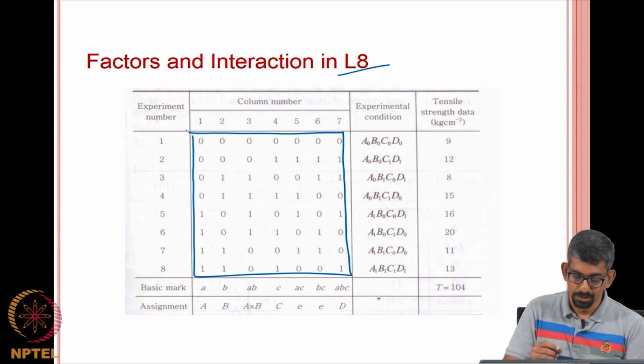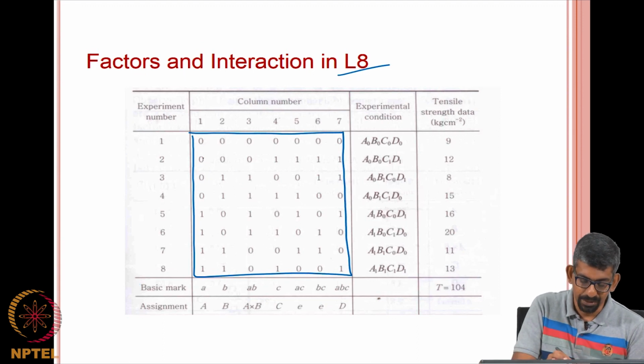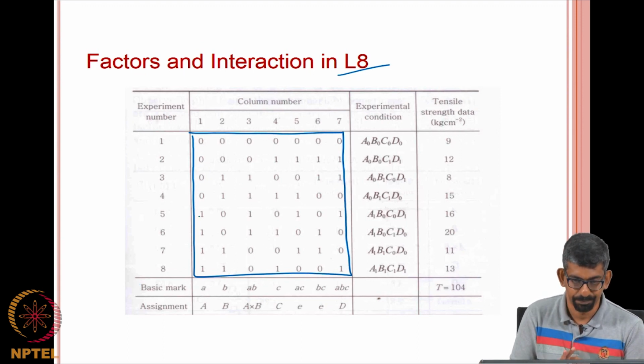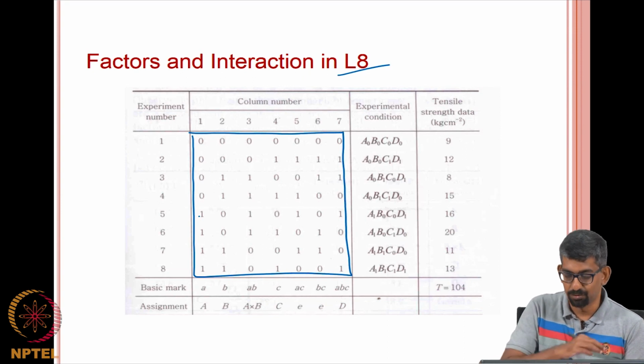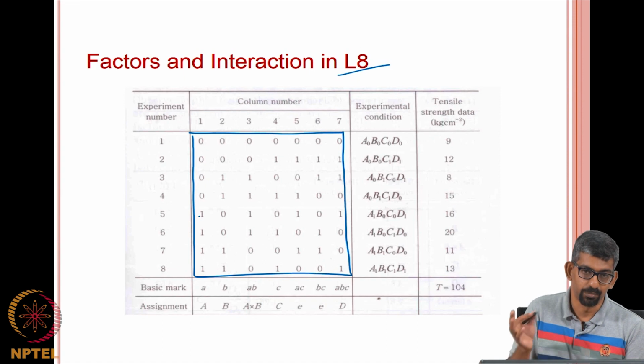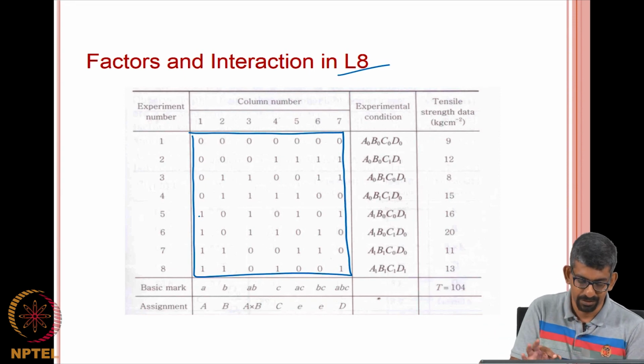So, let us say that you are using this orthogonal array in computer science, in mechanical, in aerospace, it does not matter. This combination of the levels still remains the same. Within a particular discipline, whether you are looking at a micro level problem or macro level problem, a structures problem, it does not matter. These numbers remain the same.